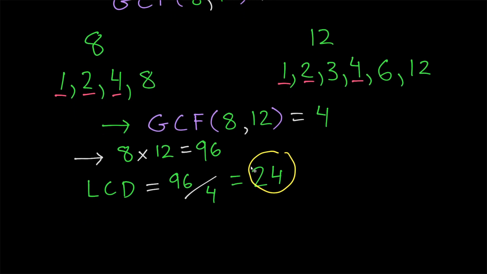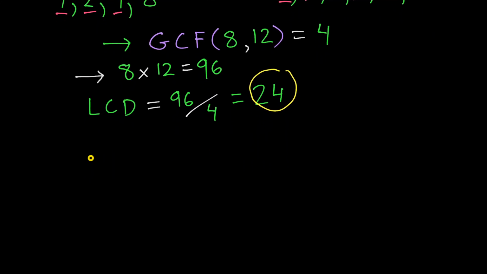So what is the general procedure? Well, the general procedure is to find the greatest common factor.